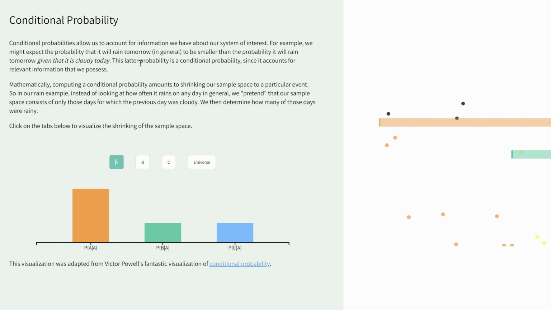So hugely important, conditional probability for Bayesian statistics, right? For example, we might observe the probability that it will rain tomorrow to be smaller than the probability that it will rain tomorrow, given that it is cloudy today. So that's putting two pieces of information together, which helps us create a better picture of what might actually happen.